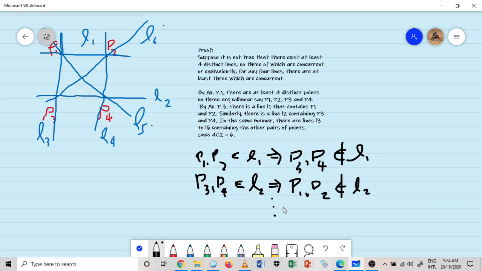Meaning only two of the 4 points P1 to P4 can be contained on a line L1 to L6.